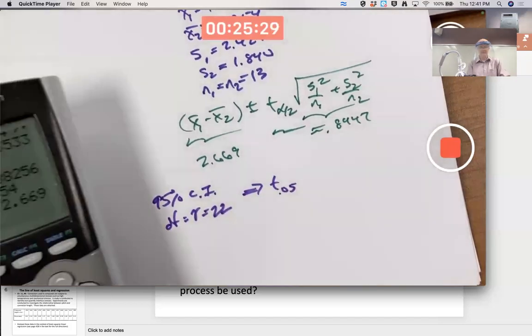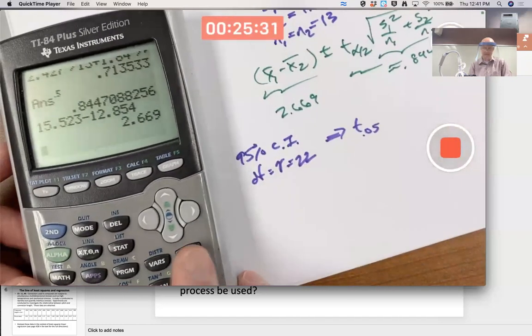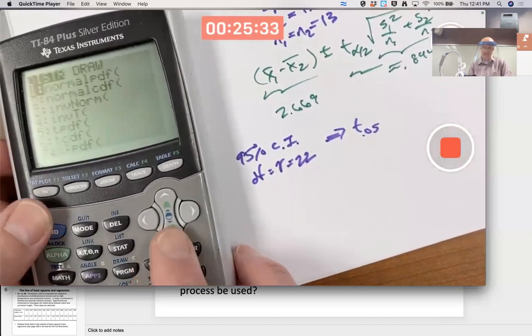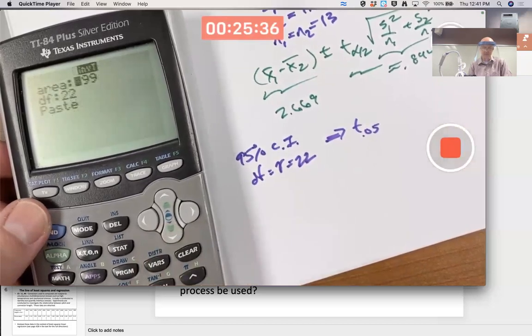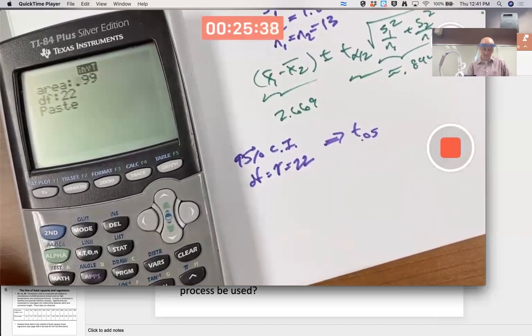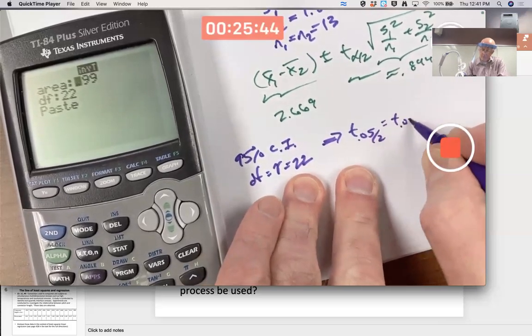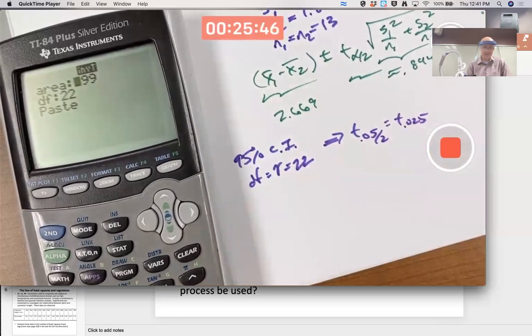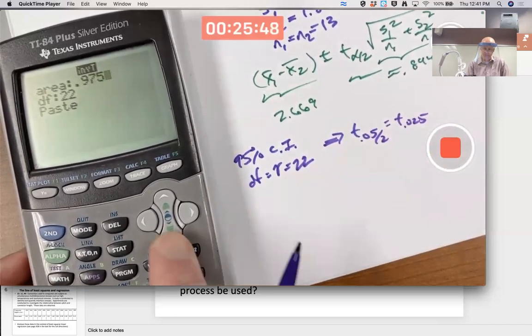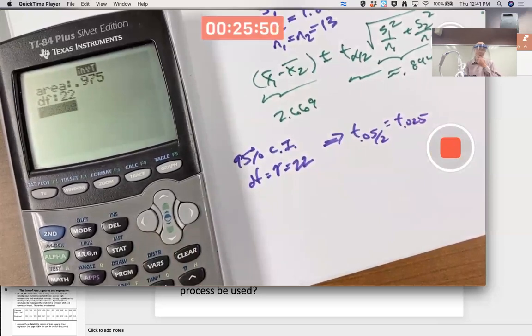I'll do it with inv t. Oops, I made a mistake there. That should be divided by 2. So t sub 0.025. So I need an area of 0.975, 22 degrees of freedom.